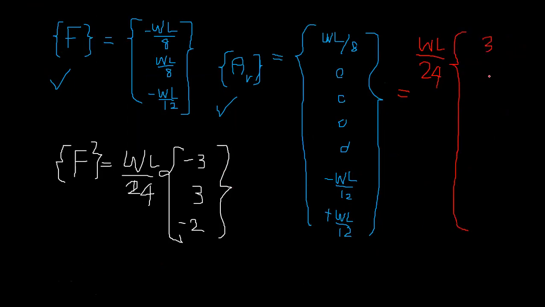So that would be 3, 0, 0, 0, and this is minus 2 plus 2. Right? Keep this in, remember, this is action restrained, right? I'll take it to Excel, that's easy.